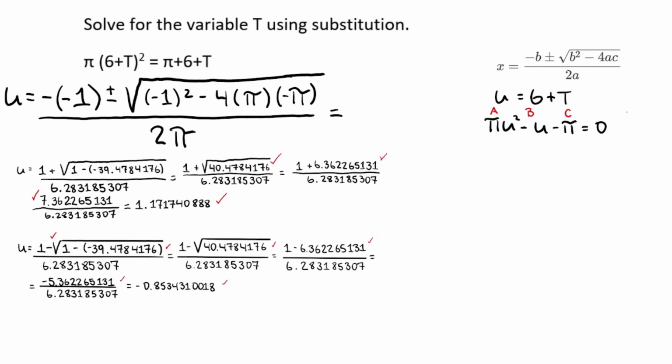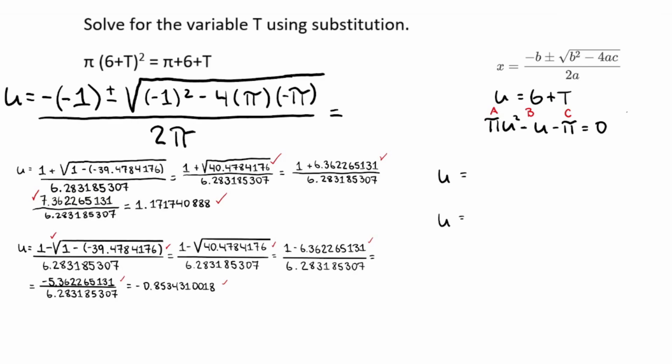So those are the steps of calculating using the quadratic formula for this problem. After you get these u values, then you're going to take these u values and plug them into u, the substitution for 6 plus t.